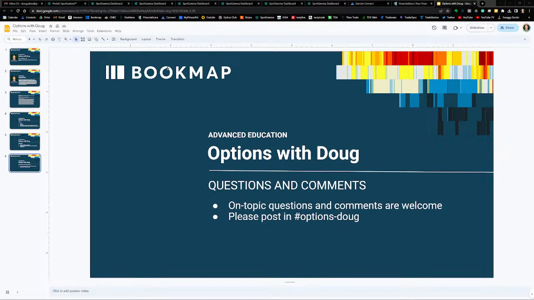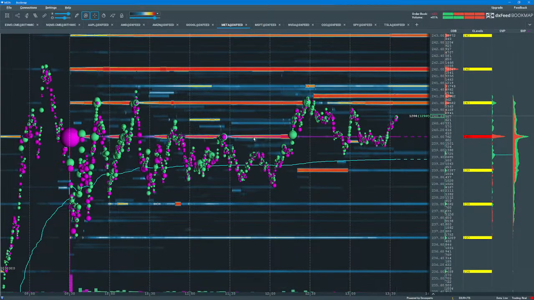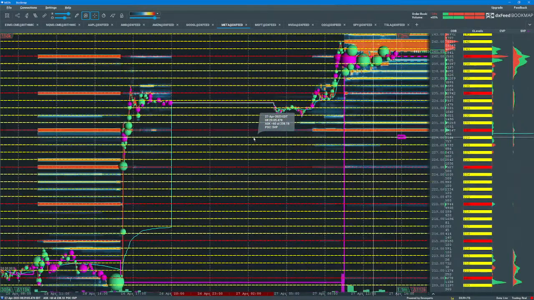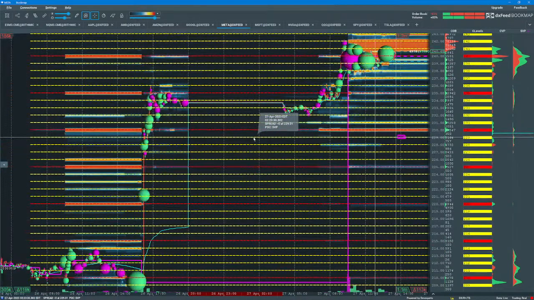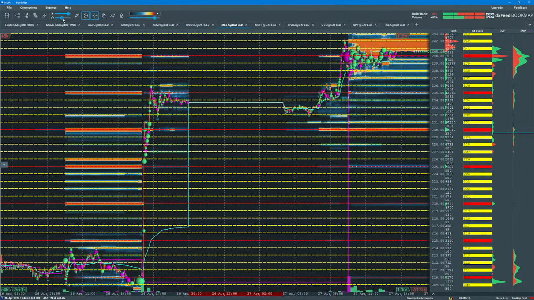So first of all, for news, Meta reported after the close yesterday, and let's just take a quick look at a chart of Meta in Bookmap. I'm going to show yesterday and today. Let me tone down the volume dots.